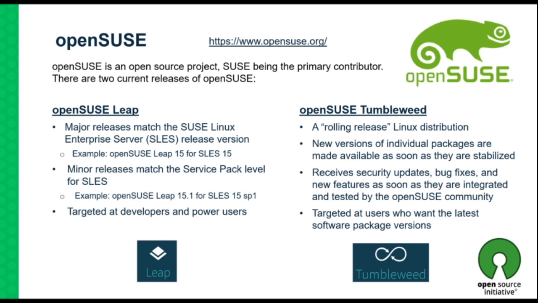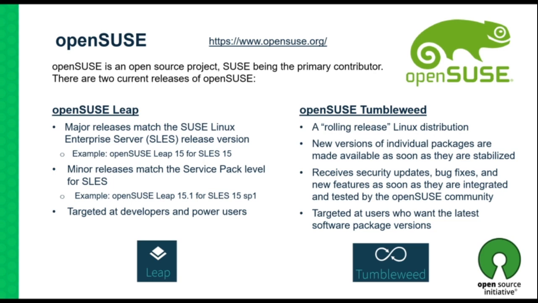There are currently 2 releases of openSUSE: openSUSE Leap and openSUSE Tumbleweed. Let's read through the slides on the differences between the 2. openSUSE Leap has major releases which match the SUSE Linux Enterprise Server, or SLES, releases.